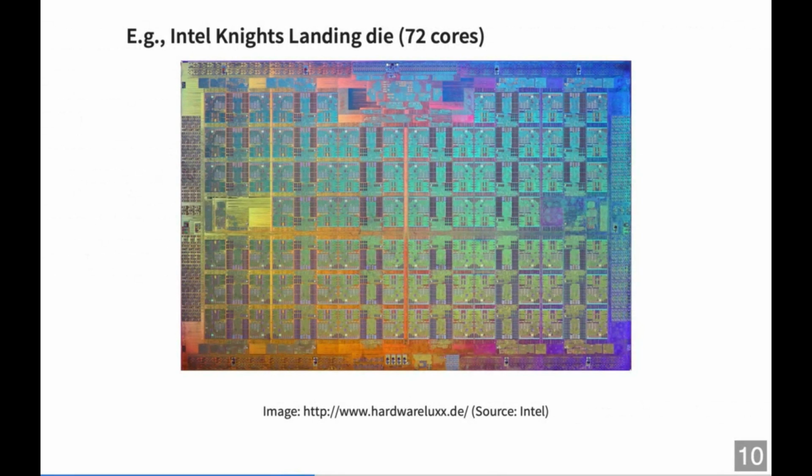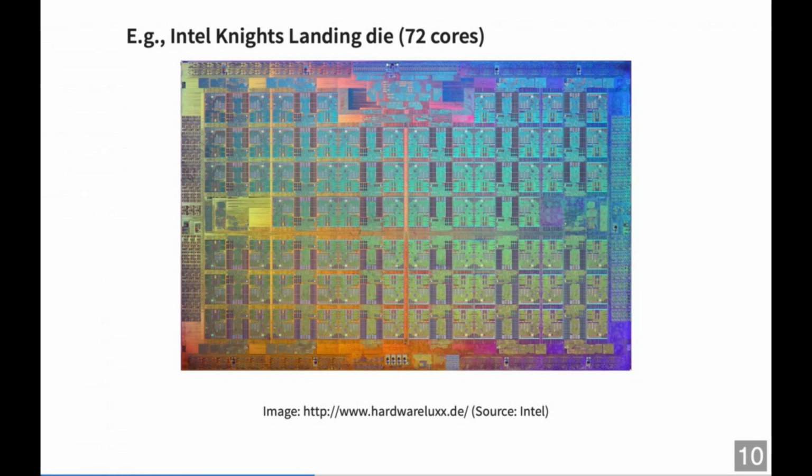Here's another example. This is a many-core chip. This is the late unlamented Intel Knights Landing. So you may be able to see the smallish squares, or roughly squares here, are the cores.